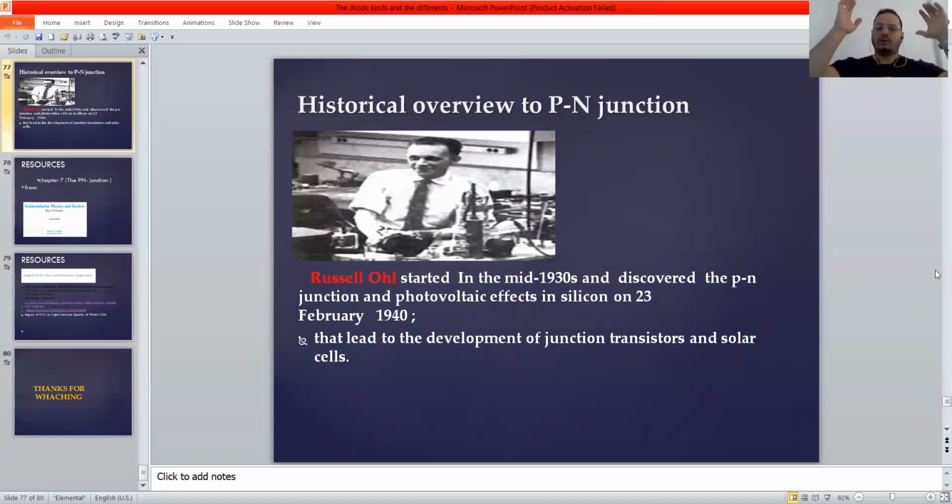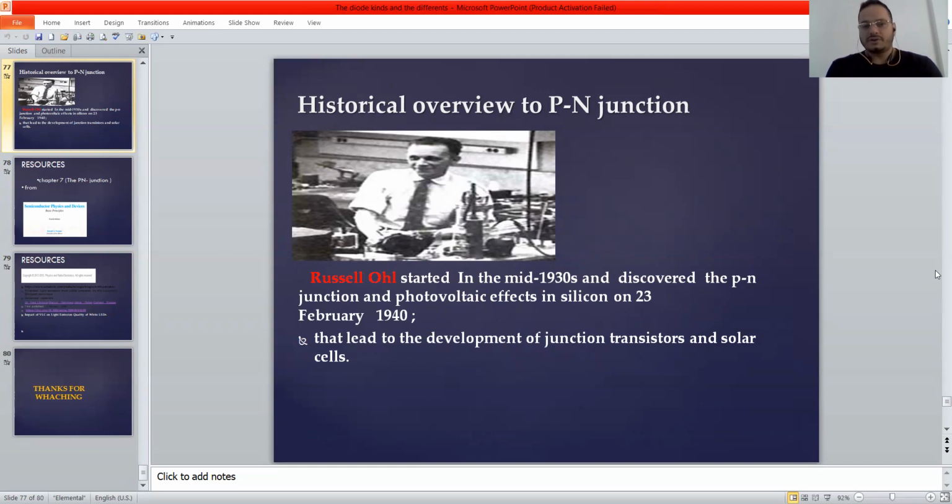Let's say all of these great applications like the diode and LED and many things like that depend on the same PN junction.